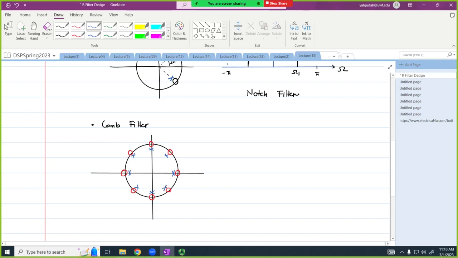What is the frequency response of this filter going to look like? A bunch of fingers. And that will look like, oh, thank you. So if I look at the frequency response of this filter, it's going to look something like this.